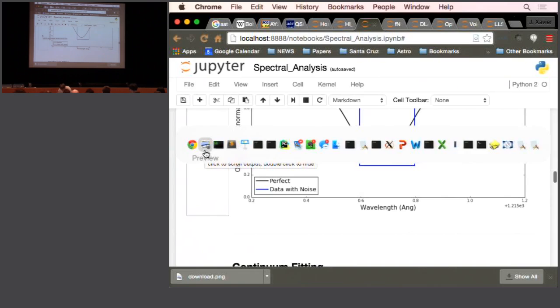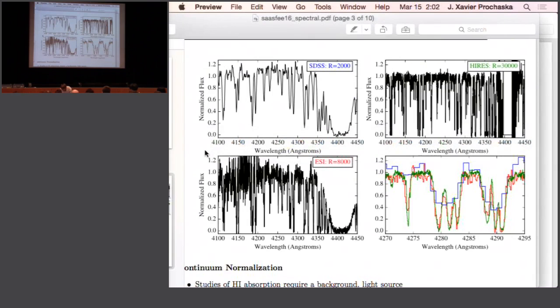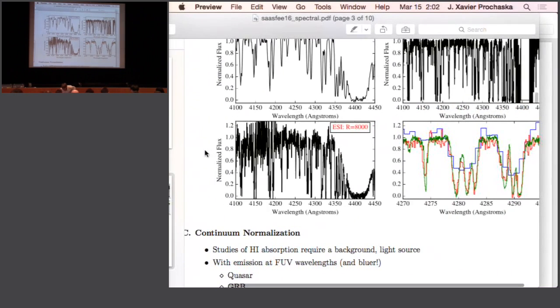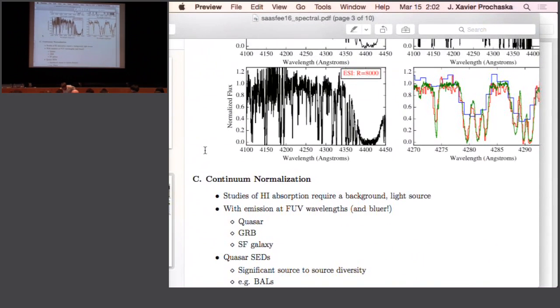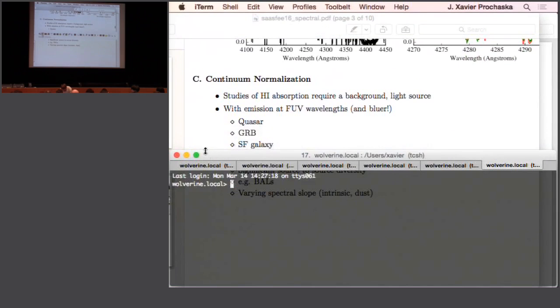Okay, continuum. Another aspect, this is really now for absorption line studies. To do the experiment, we need a background light source, and to study Lyman-alpha, we need one that's bright in the far ultraviolet. There are some options. I am focusing mainly on quasars because that's been the most productive over the past decades.